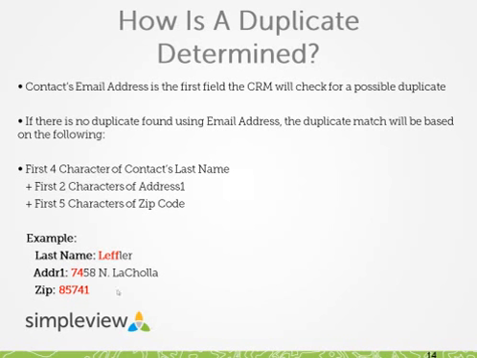My example here, I highlighted the first 4 characters of my last name, the first 2 characters of my address, and the 5 characters of the zip code. If all 3 of these match something in the CRM compared to your document, it's going to be pulled and presented to you as a possible duplicate, and you'll go through the process that we just saw so you can make the decision: is it really a duplicate or not.